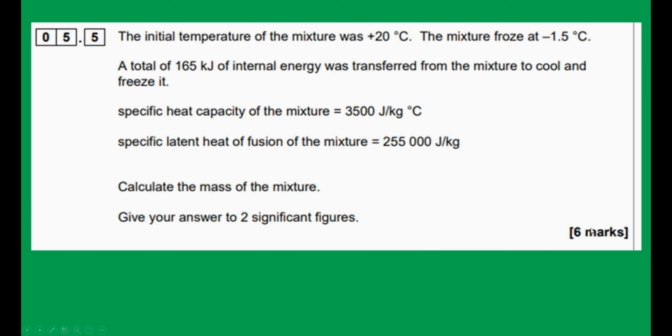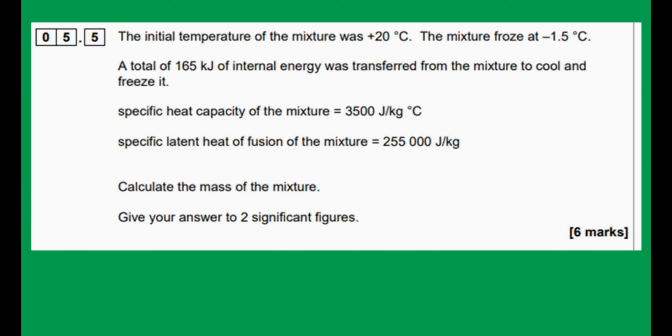Sometimes, especially when it's 6 marks instead of 5, you'll be asked to do something extra, like giving your answer to 2 significant figures. Now, these questions are hard. These are difficult questions. But there are lots of places where you can get marks. So don't leave it blank if you're really struggling with it. Try and use at least one of the correct equations to get some calculation marks.